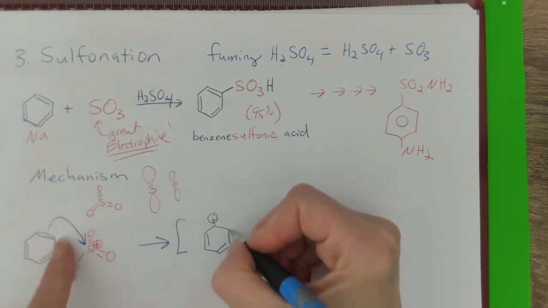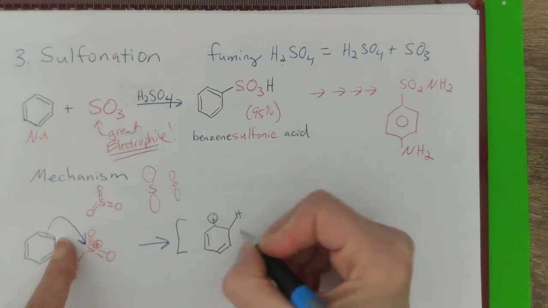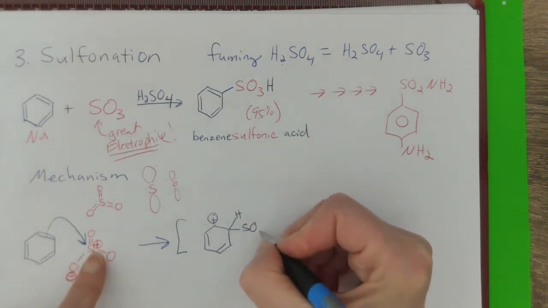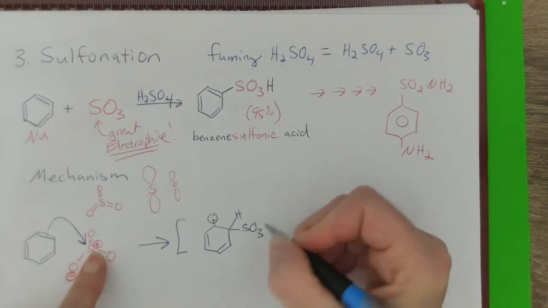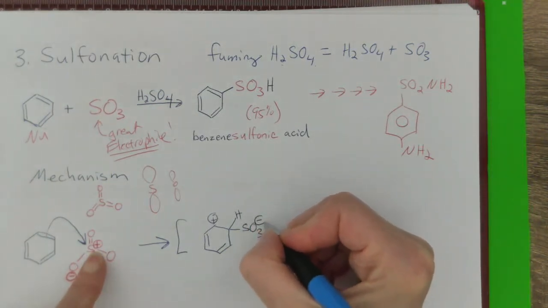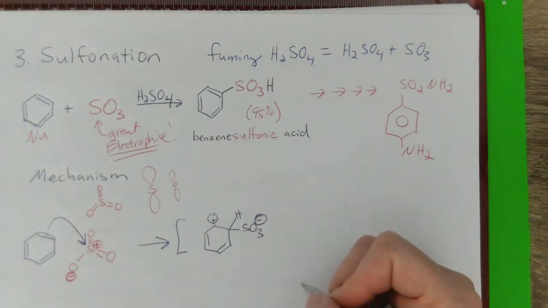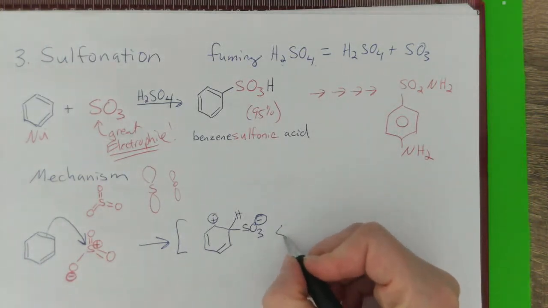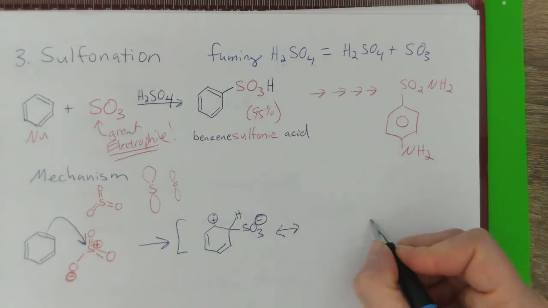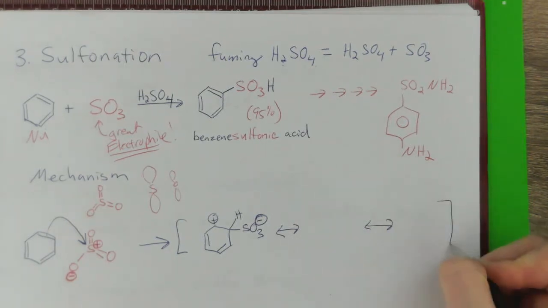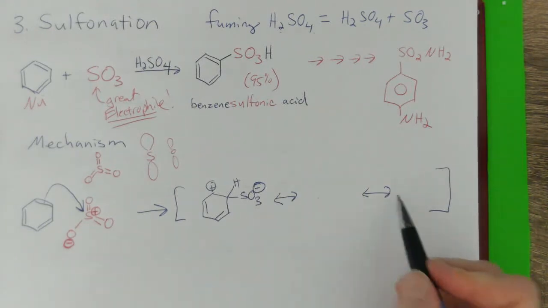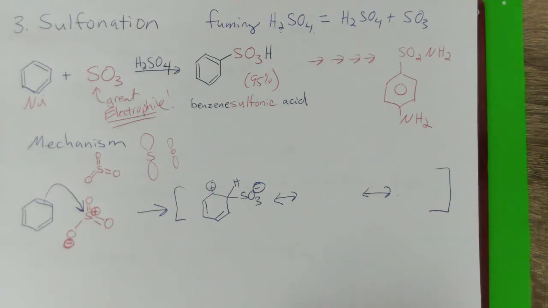Okay, so I had a hydrogen here, so there's still a hydrogen here, but now I've added this SO3 group, and now this is going to have a formal minus charge on it. I'm just going to put that there. And so I can draw two other resonance forms for this, and you should do that. So you practice drawing those resonance hybrids.